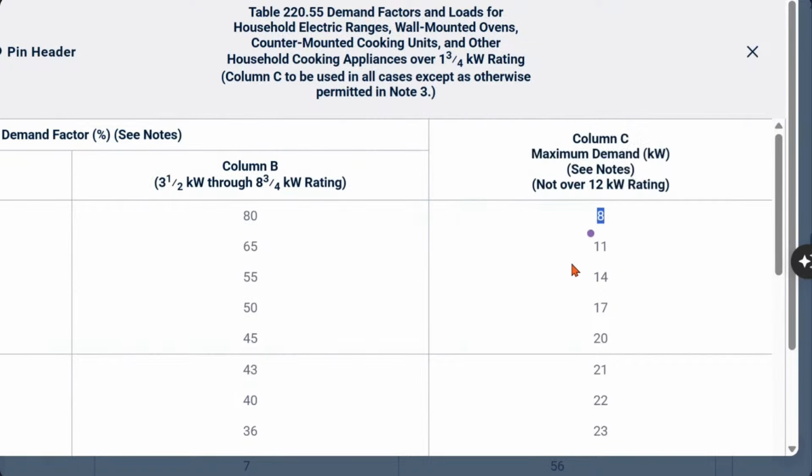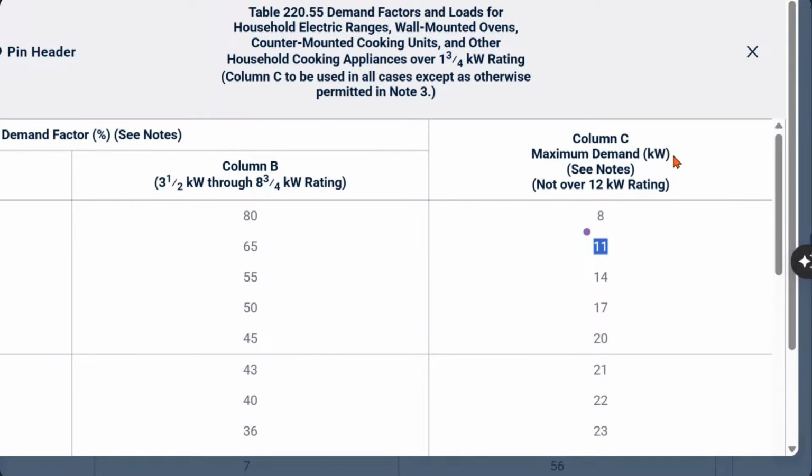C is going to be, for 2 of them, 11 kW. Now, none of these are over 12, so I could just go with 11 if I wanted. But remember, I get to choose whichever yields the lesser value. Now, that is unique for ranges and cooking appliances.